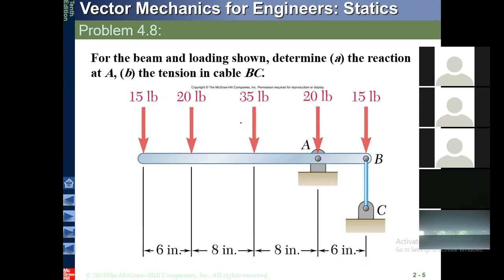So this is a 2-dimensional case, and you're going to have 3 equations of motion which in equilibrium are equal to 0, and then you should have 3 unknowns for these 3 equations.